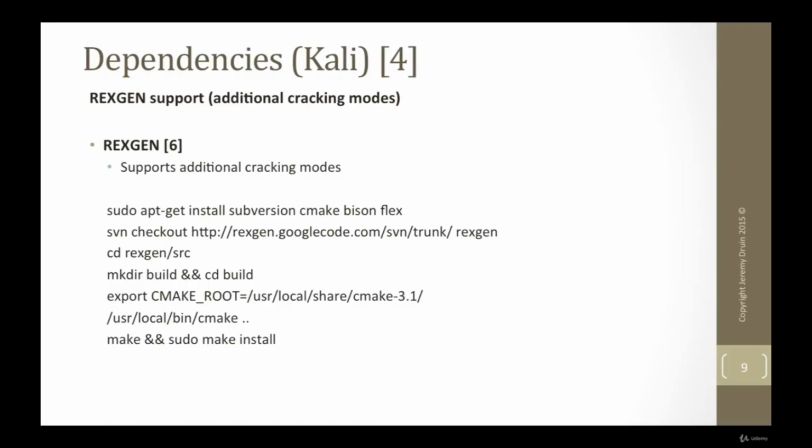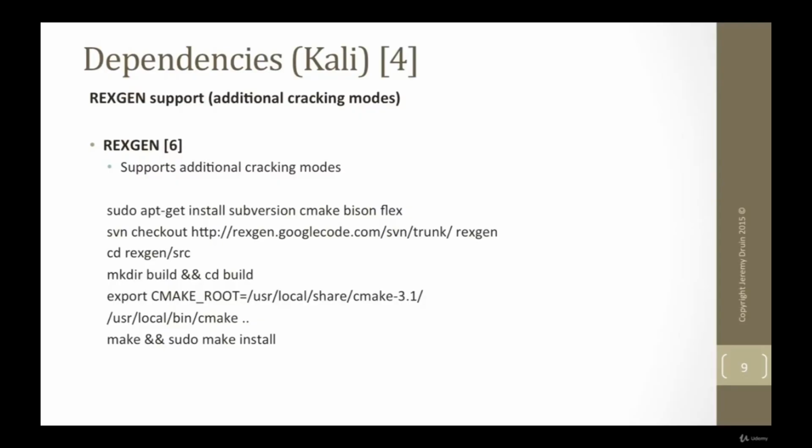RexGen again needs to be downloaded using a method other than apt-get. So in this case, RexGen has more dependencies of Subversion, and Bison and Flex, and then you can copy the source code for RexGen from googlecode.com using the svn checkout.